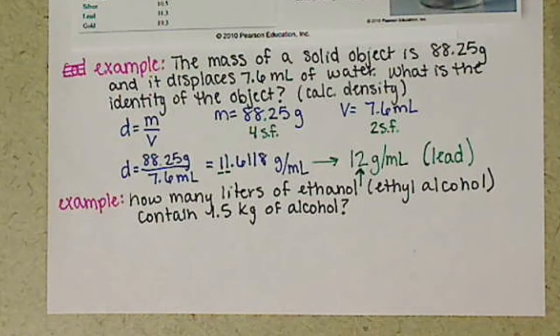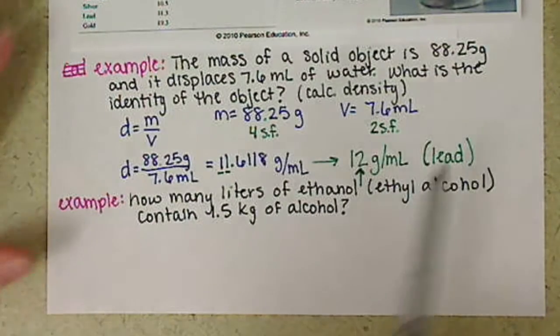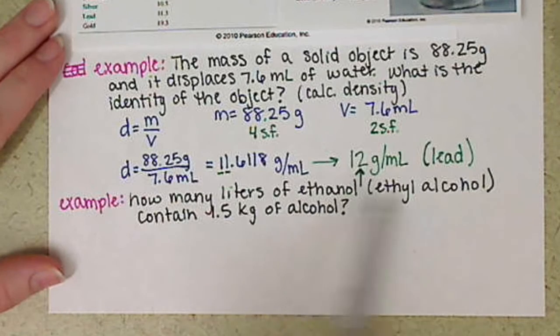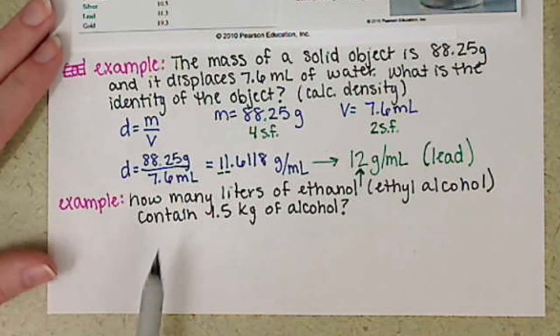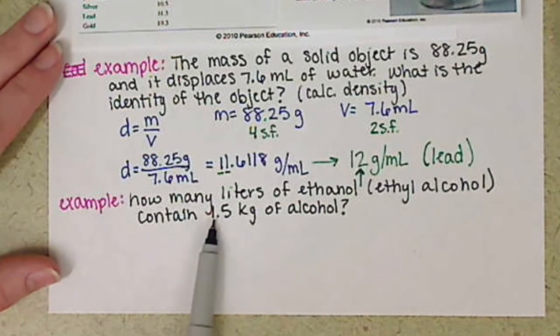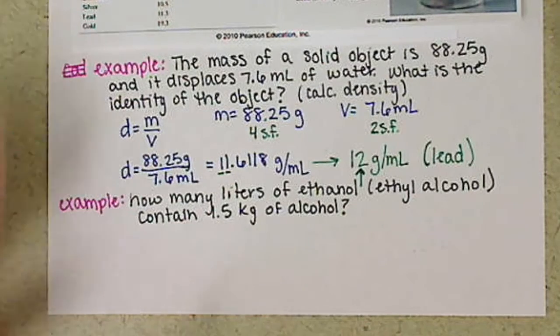How many liters of ethanol, otherwise known as ethyl alcohol, those are the same chemicals there, contain 1.5 kilograms of alcohol?